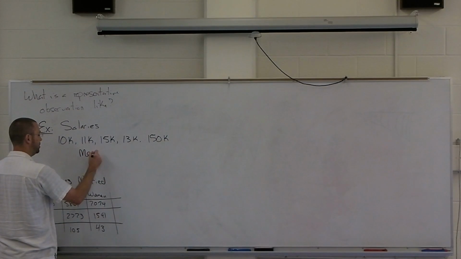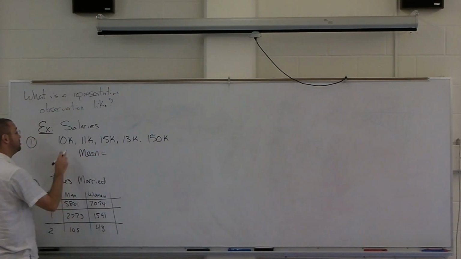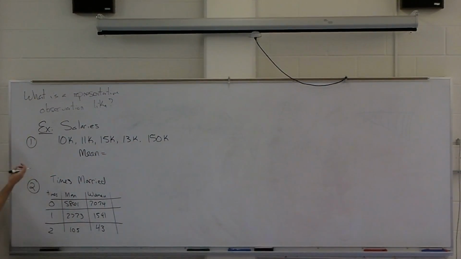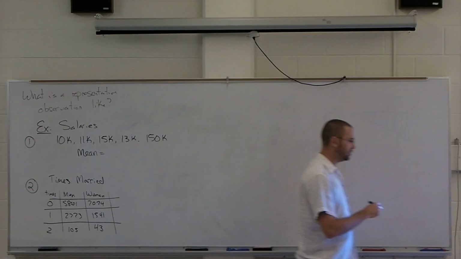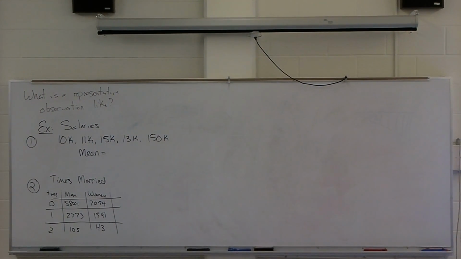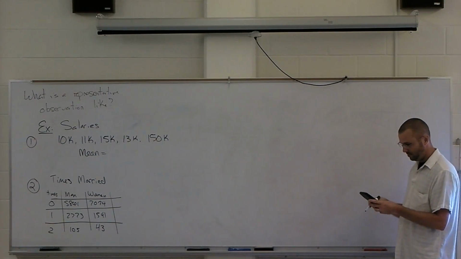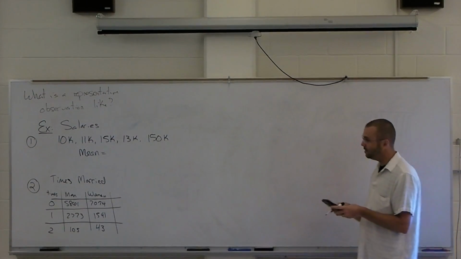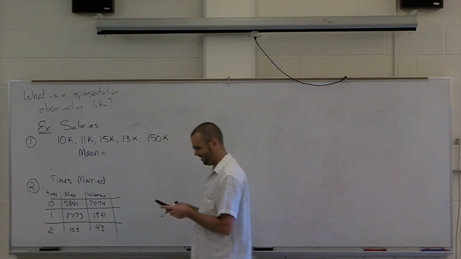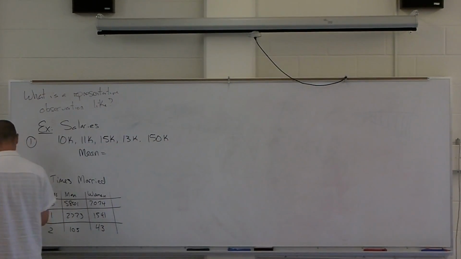23. Is it 23? Should be bigger than that. What's the mean of those 5 numbers? 199 divided by 5 is 39.8.